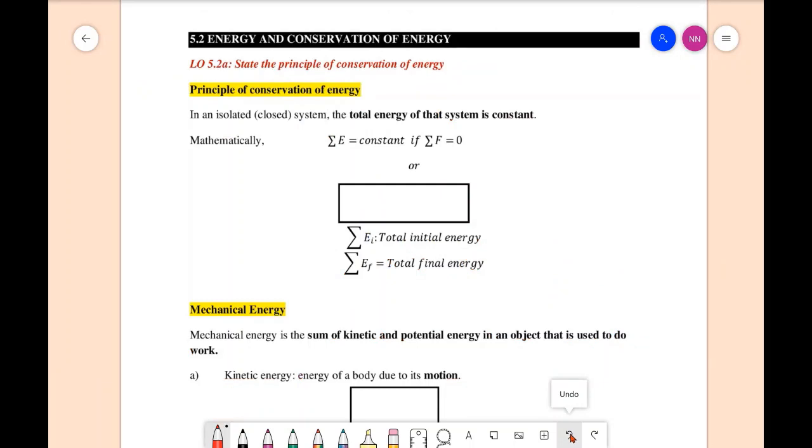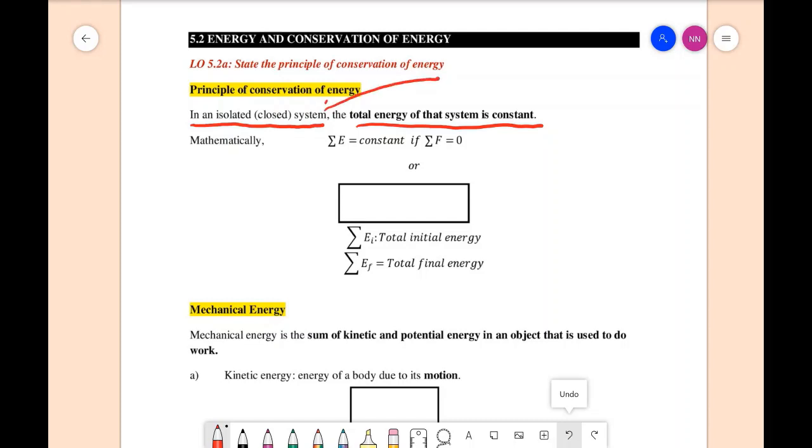5.2 Energy and conservation of energy. For learning outcome 5.2a, state the principle of conservation of energy. The principle of conservation of energy states that in an isolated system, the total energy of that system is constant. What is the meaning of isolated system or closed system?